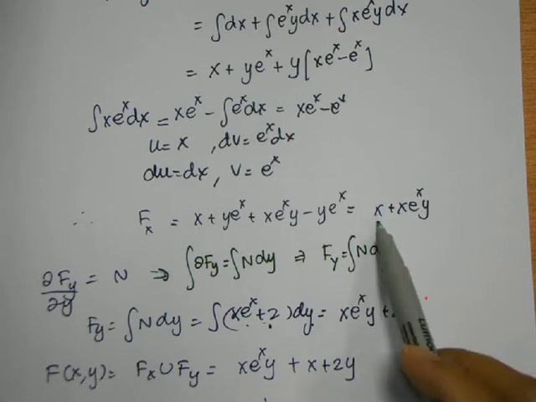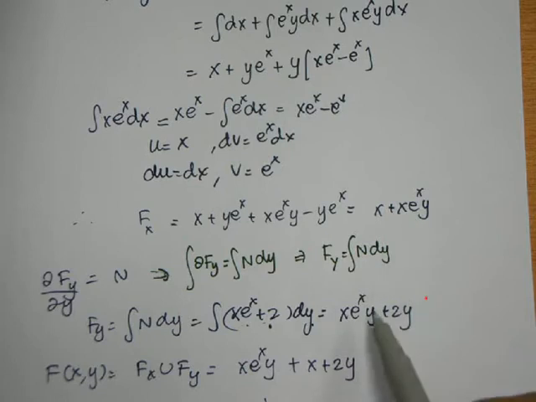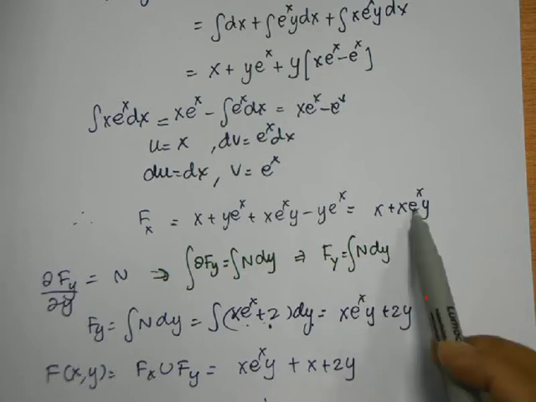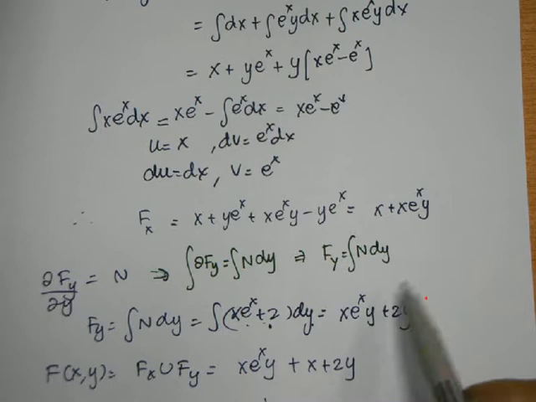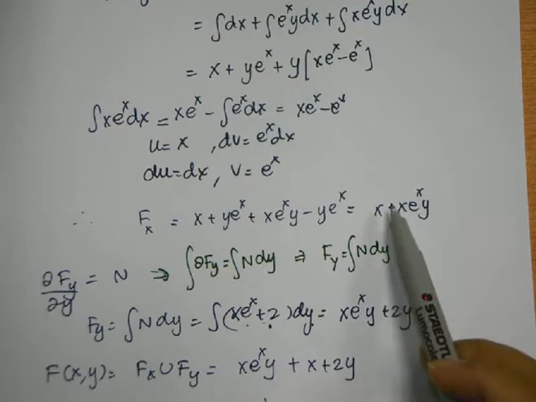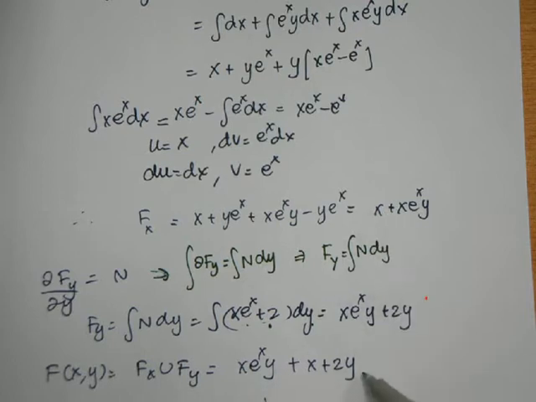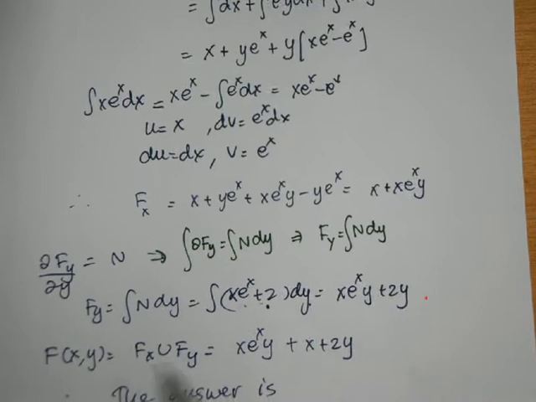Any term that appears in both fx and fy, you write down one time, which is x times exponential of x times y. But the rest, you just write down. Now I got my fxy.